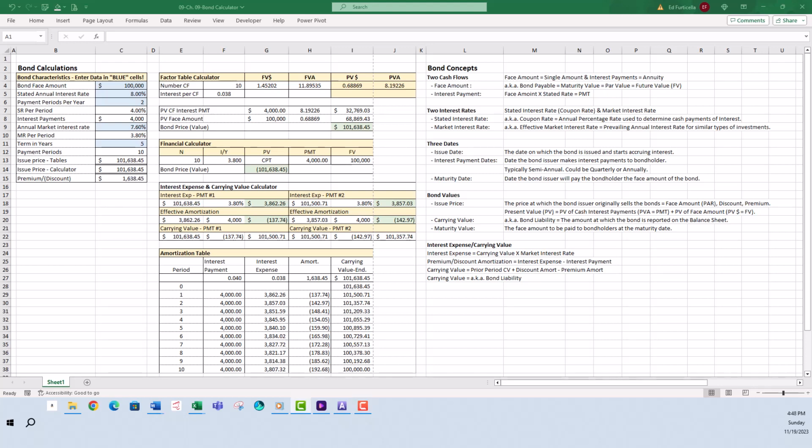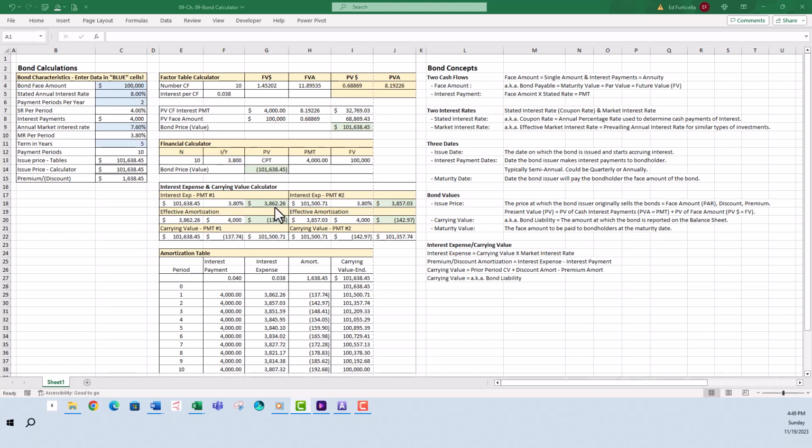Once we've issued the bond, we need to make cash payments semi-annually, record our interest expense, amortize the premium, and determine the carrying value that will be used on our balance sheet. The cash interest payment of $4,000 has been determined by multiplying the face amount by the stated interest rate for the period. To calculate the interest expense after the first payment, we multiply the initial carrying value by the effective market rate of interest at the time of issuance.